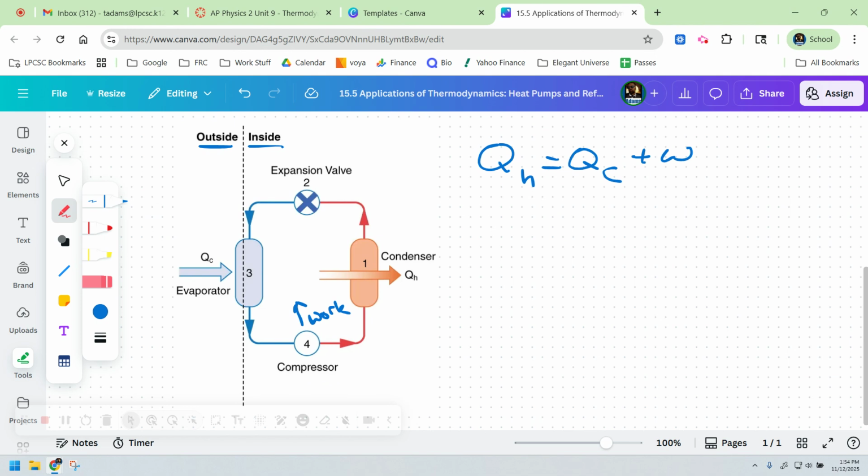And so the quality of the heat pump is judged on how much heat transfer QH occurs into the warm space compared to how much work input is required.